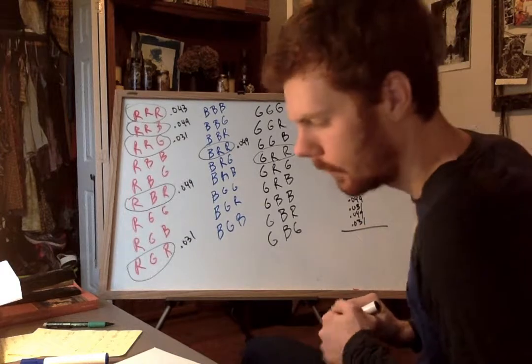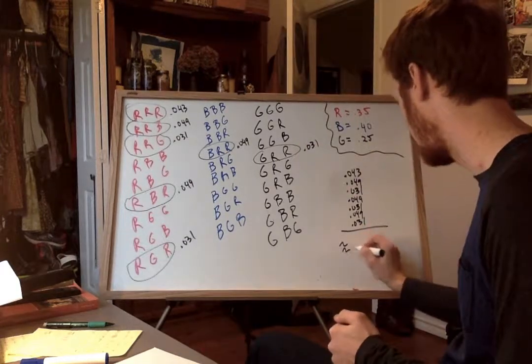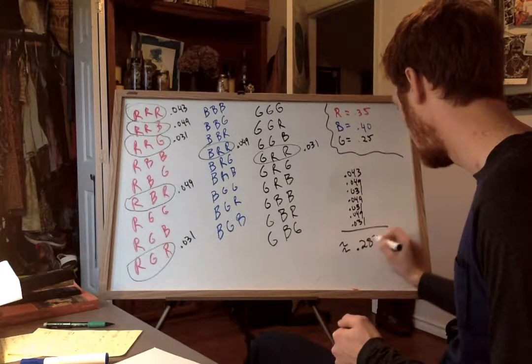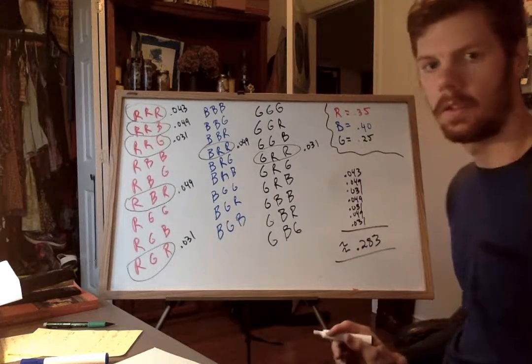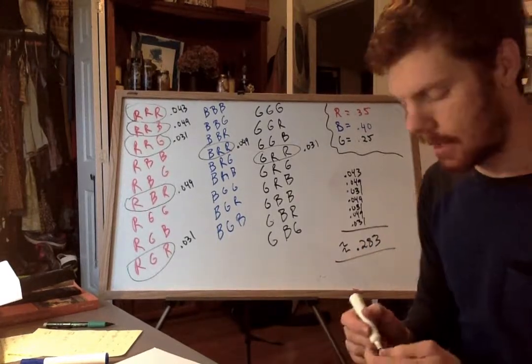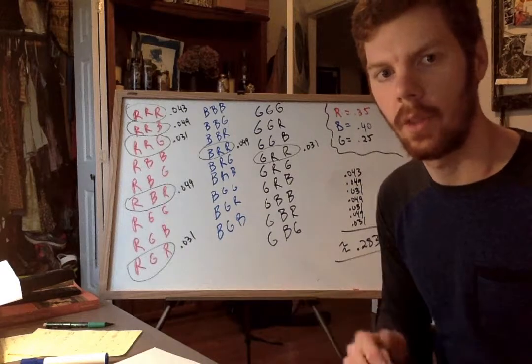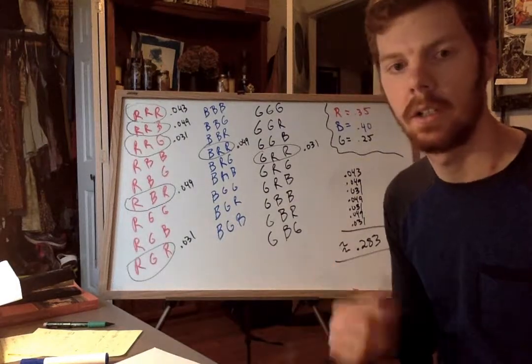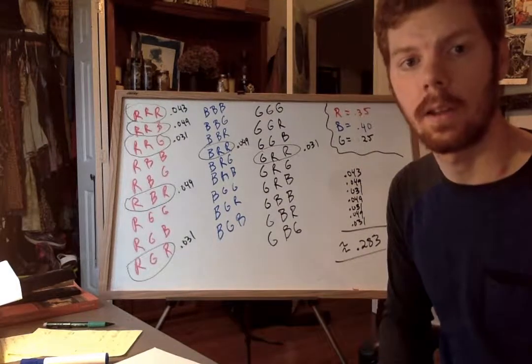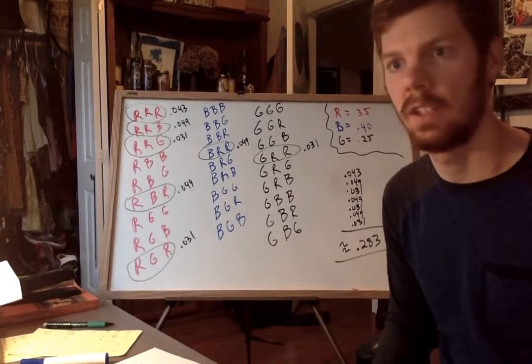If we sum all those up, you should get somewhere in the ballpark of 0.283. So the probability of getting at least 2 red marbles on 3 draws here is about 0.283. And I believe that's the answer to 15D.